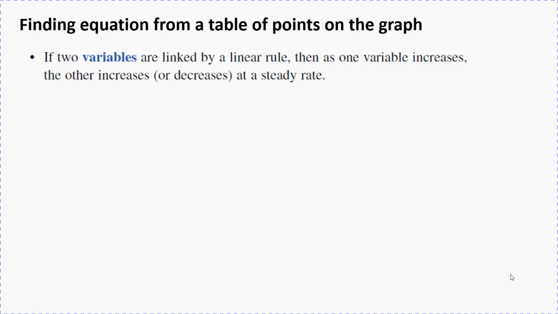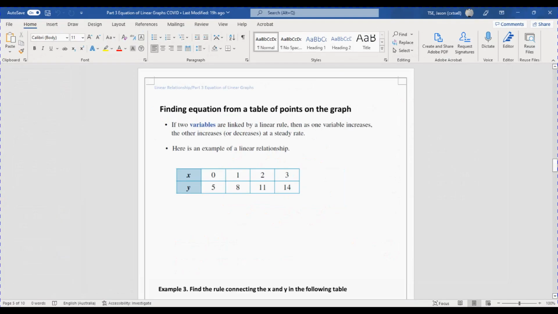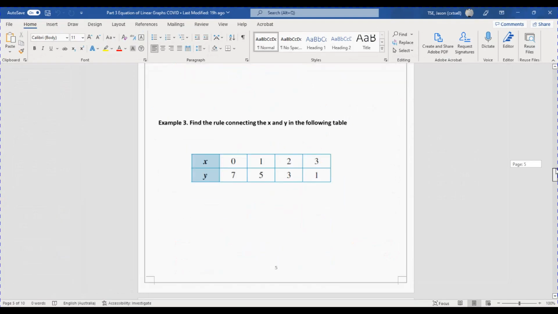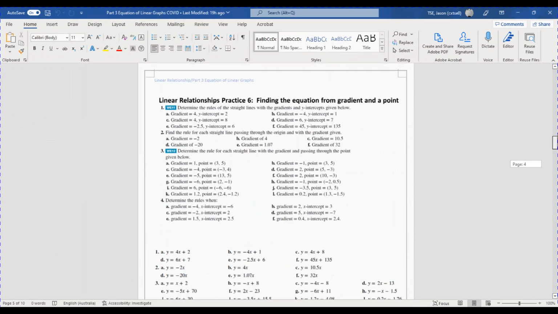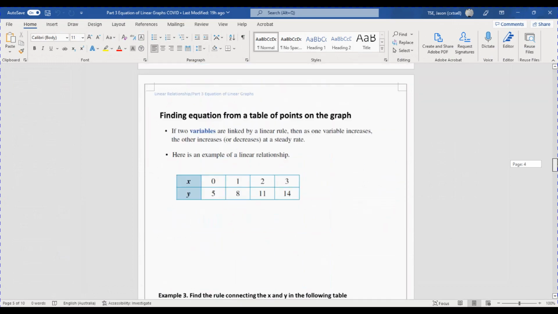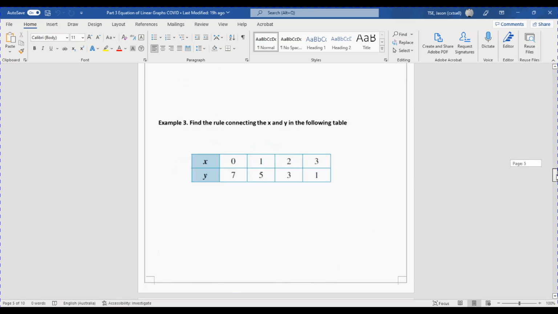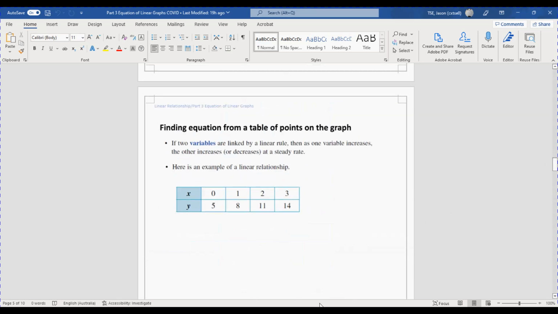Please turn to, let me check which page it is. Sorry, I forgot the page number. That should be page number 5, the handout you used yesterday. Please turn to page 5.